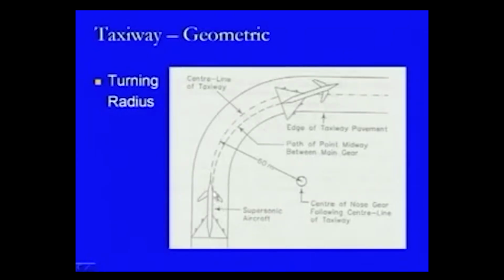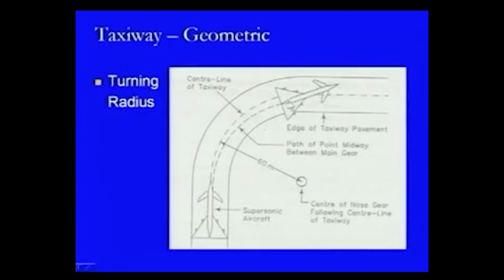So, when the pilot is trying to maintain the nose along the center line, the two gears which have been provided, one on this side and one on this side, will be adjusting themselves, and this will be the center line of those two main gears. Means there will be one wheel which will be moving somewhere here, and there will be another wheel which will be moving somewhere here, and that is how they will keep on moving on the two sides of this particular center line.